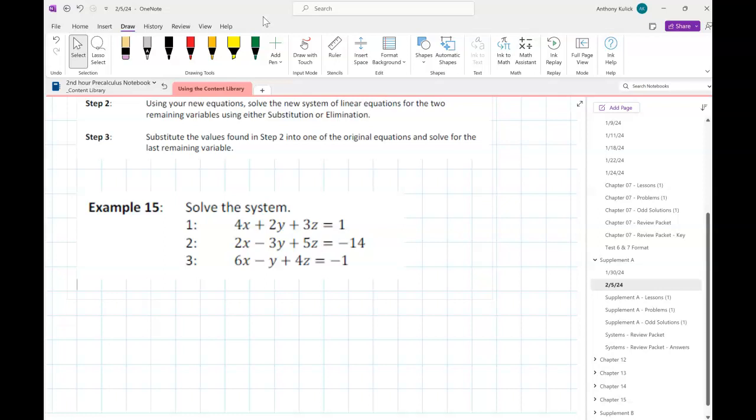In general, it doesn't matter. But like, come on, Mr. Kulik, it matters to me. I don't want to make this harder than it needs to be. Which variable and which equation? I think there is one best answer here.